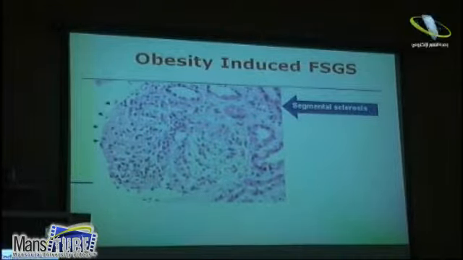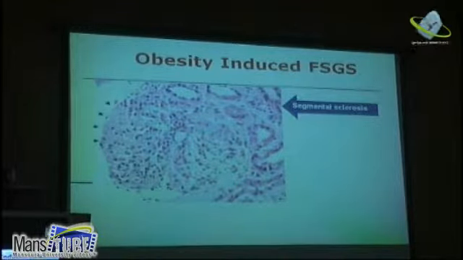The most important part of the puzzle in the differential diagnosis of idiopathic from obesity-induced glomerulosclerosis is electron microscopy examination of the specimen. In the idiopathic form, you find universal fusion of foot processes of the glomeruli, but in obesity-induced glomerulosclerosis, you find patchy effacement of foot processes.